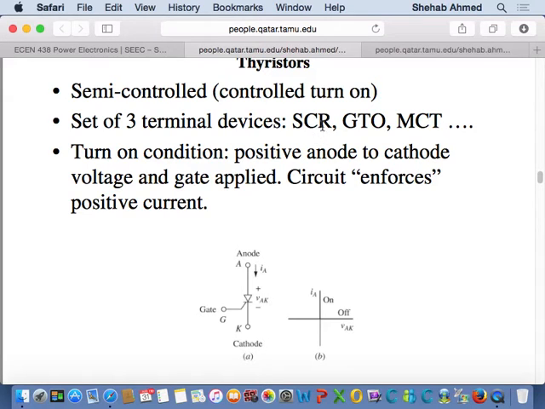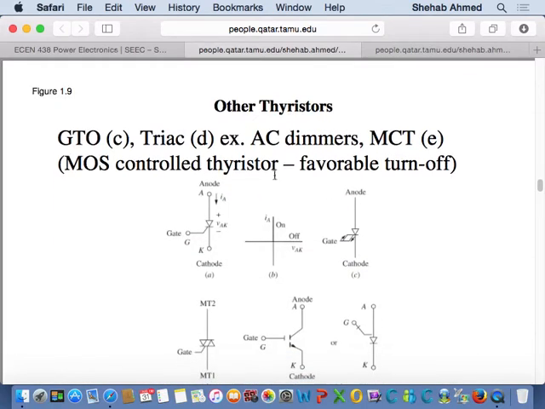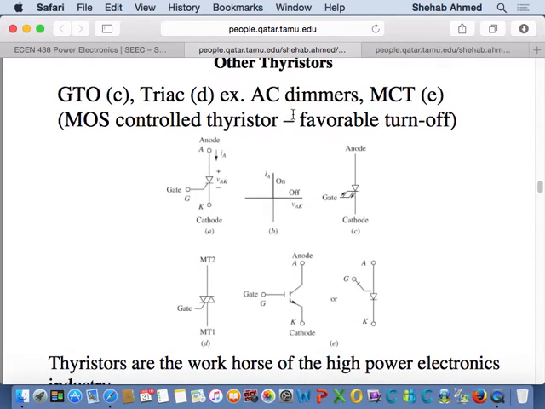Then people came up with, okay, this is really interesting and really nice, but it's a semi-controlled device because I can only control the turn on. Then people created other thyristors that have additional benefits as well.